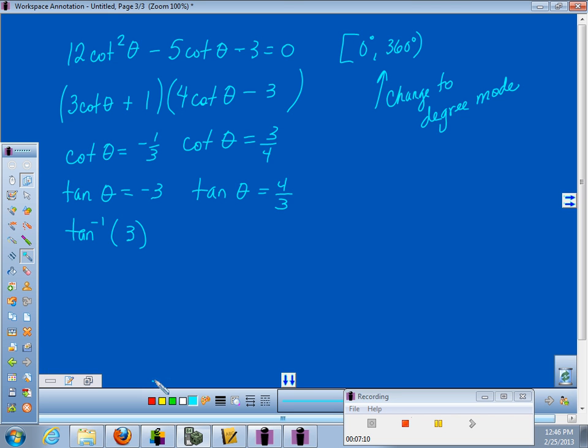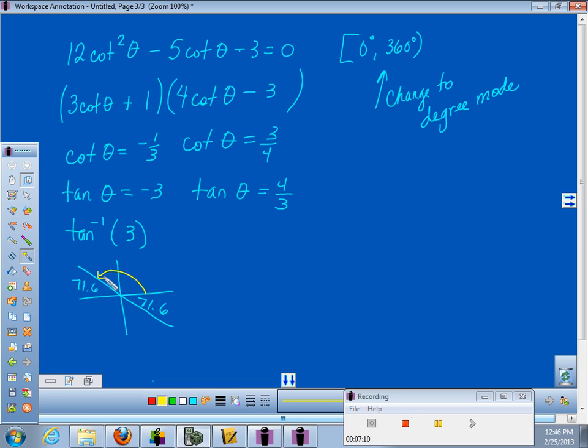Okay, so that negative tells me when I do this tangent, I'm in the negative quadrants for tangent, which are what quadrants? 2 and 4. And the 71.6 was my reference angle that I got on my calculator. So how are you going to figure out what the angle is from 0 over to that angle? 180 minus 71.6.